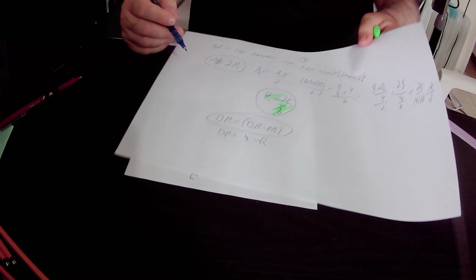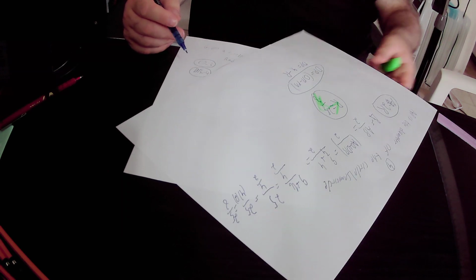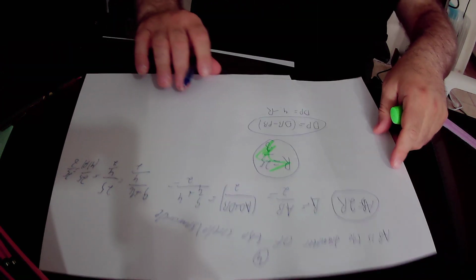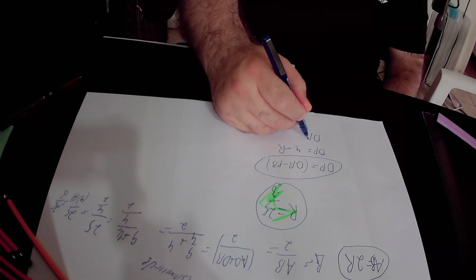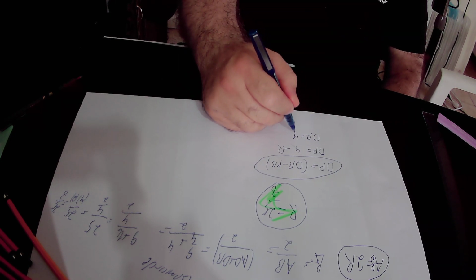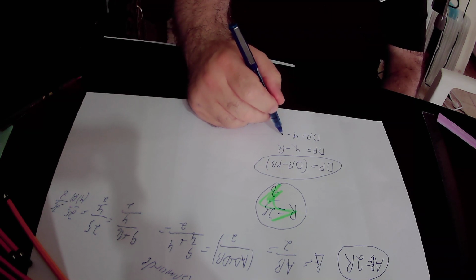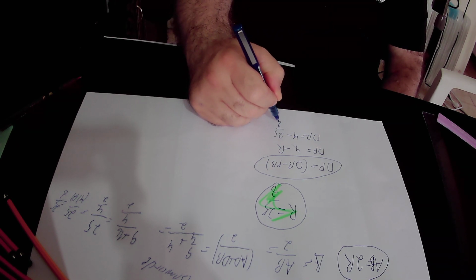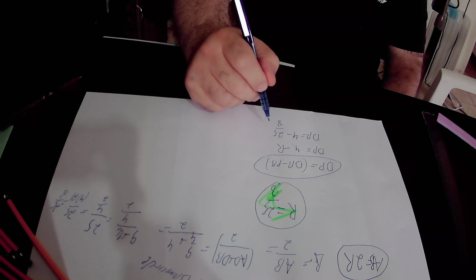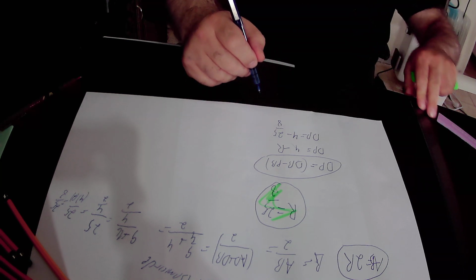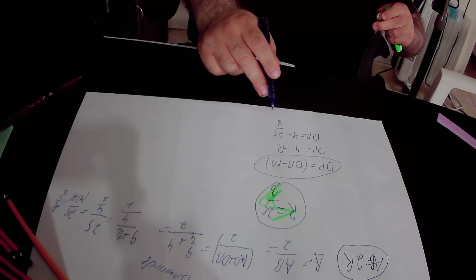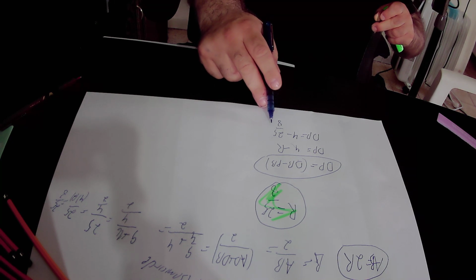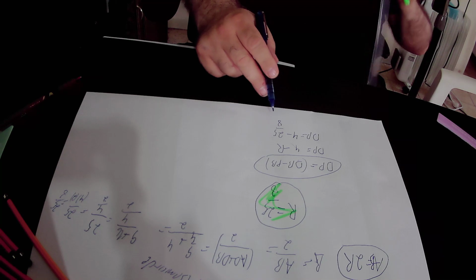So we substitute capital R by 25 over 8, and we get that the length of the short line segment DP equals 4 minus 25 over 8. Here we will multiply 4 by 8 and then divide it by 8 in order to have a common factor with 25 over 8.